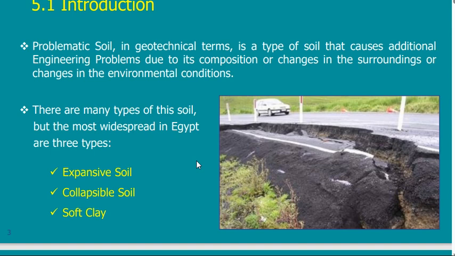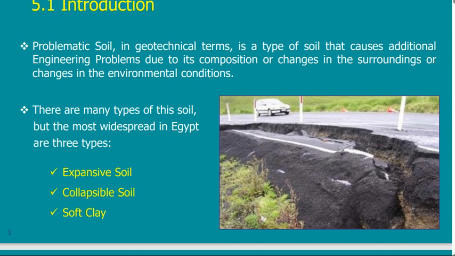I don't care. It is found in new areas in Egypt, because problematic soil happened a very long time ago because of areas that were flooded, and they stopped being flooded since the building of the High Dam. So it is found in many new locations, Shuru, Ubur, Madinti, and so on.